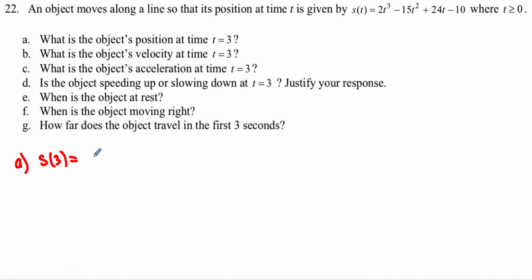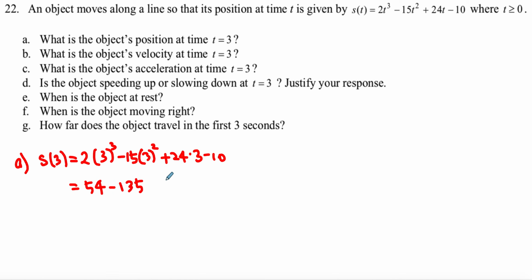Then we get 2 times 3 cubed minus 15 times 3 squared plus 24 times 3 minus 10. So then here this becomes 27 times 2 is 54. Now this becomes 9, so 9 times 15 I believe is 135.